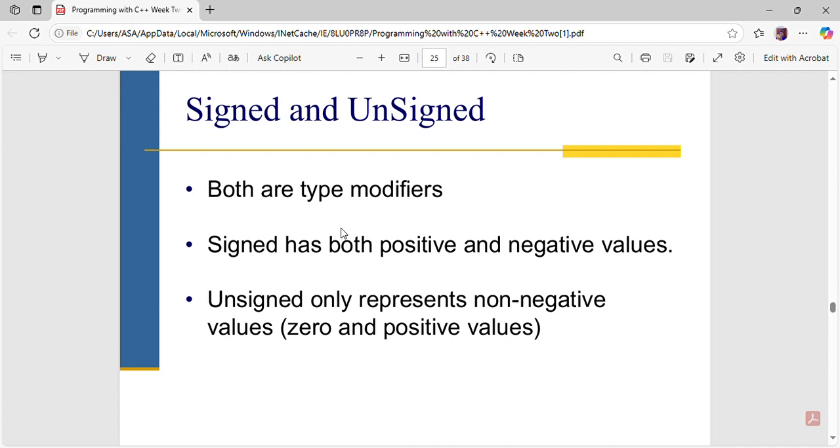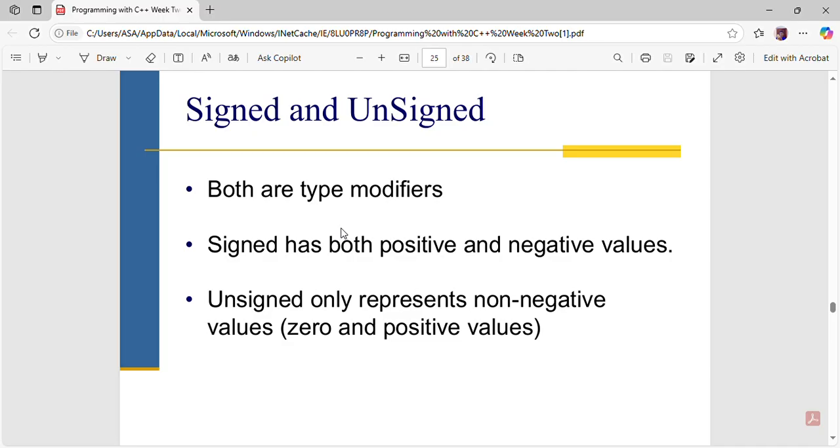So let's look at signed and unsigned. Both are type modifiers. Signed has both positive and negative values.